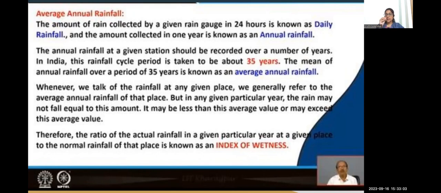Now, when we compare the annual rainfall with the average annual rainfall, the index that results from the ratio of the annual rainfall to the average annual rainfall is called the index of wetness. So the relation of the actual rainfall in a particular year, the annual rainfall, to the average annual rainfall is called the index of wetness.